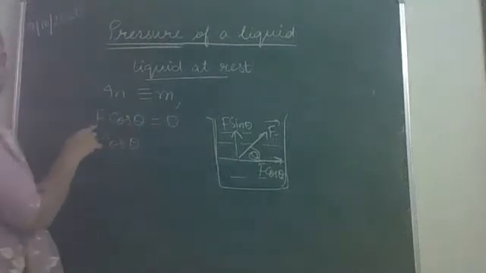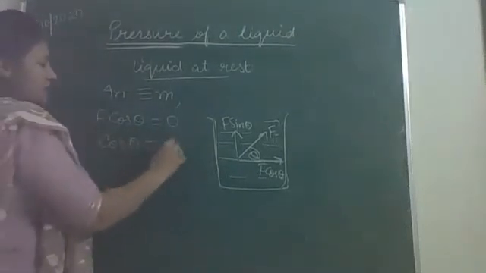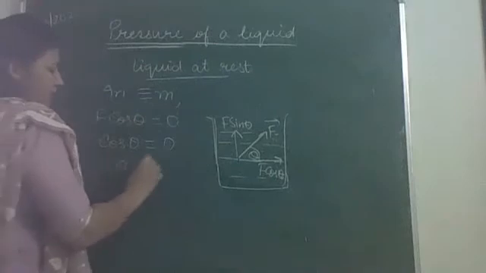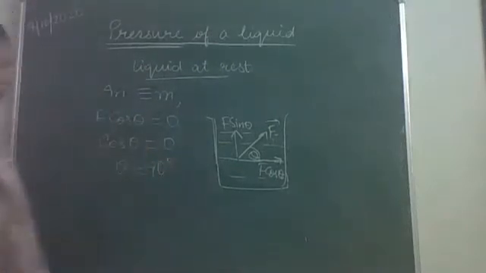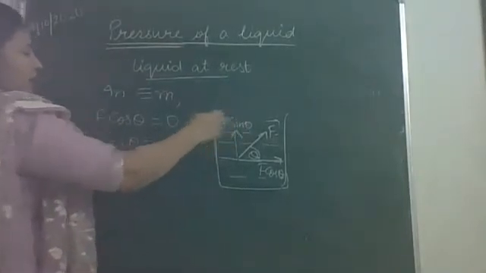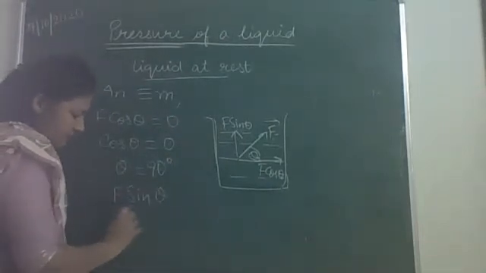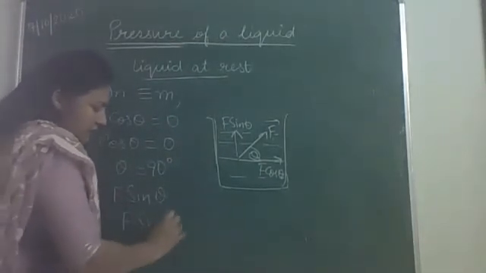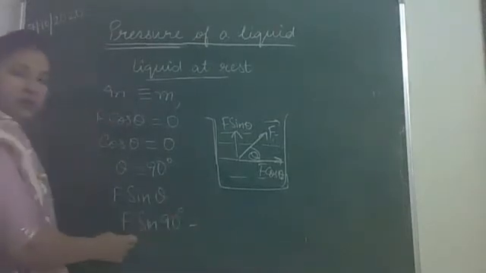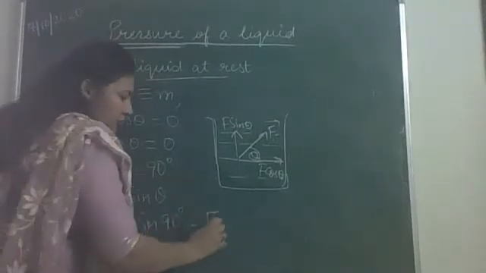Force is not 0, so cos theta must be 0. Cos theta 0 means theta is 90 degrees. So what is the force acting on the liquid at rest? That is F sin theta, that is F sin 90 degrees. Sin 90 is 1. So this is the force acting.